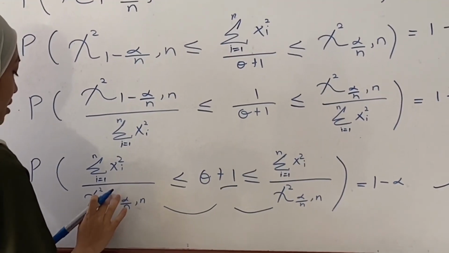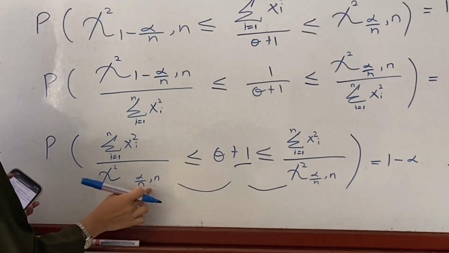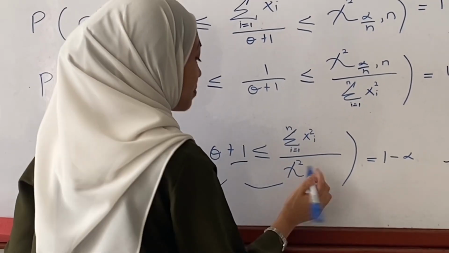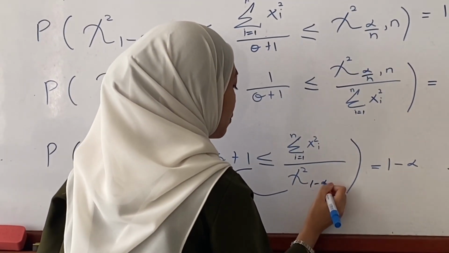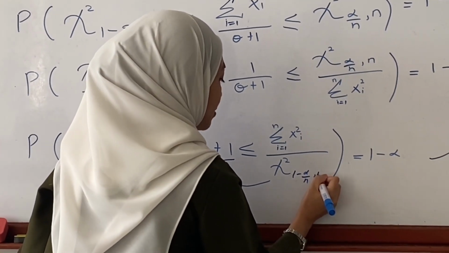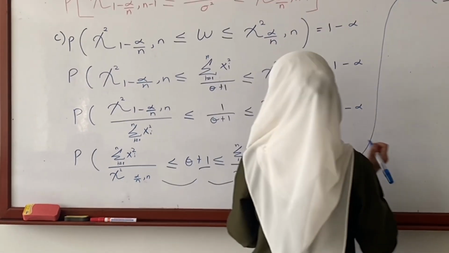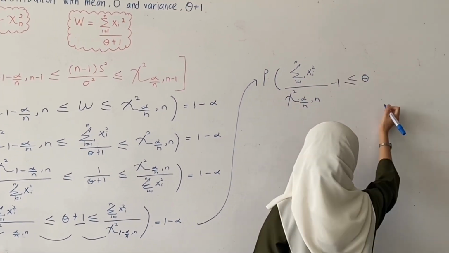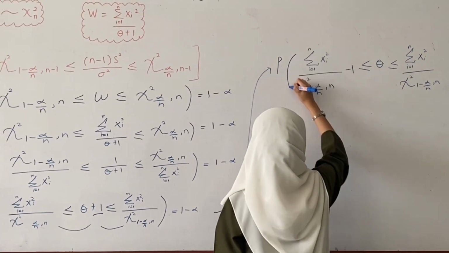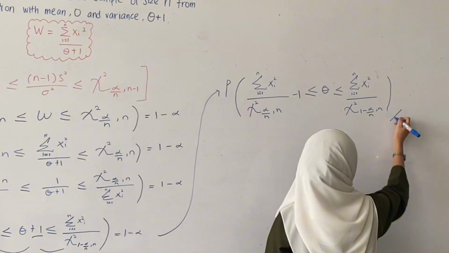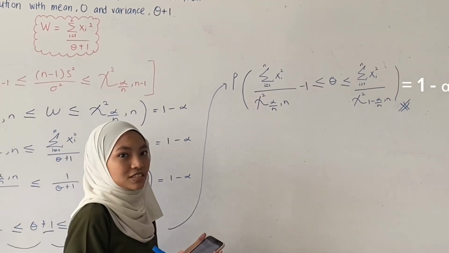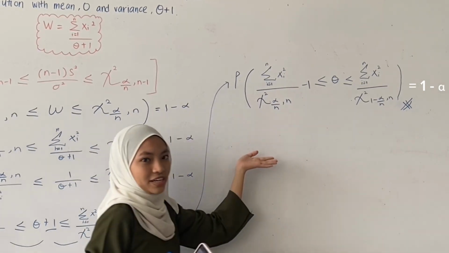Therefore, we will get chi-square alpha over n here, and this one, chi-square 1 minus alpha over n. So we continue. Right, and this is the final answer because the question only needs us to construct a confidence interval. Therefore, this is our final answer.